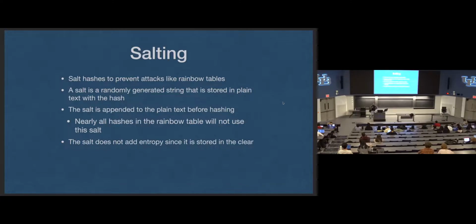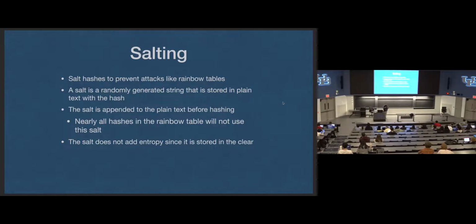Those rainbow tables were built on these chains where they have this function that's generating the next guess, the next guess, the next guess. Well, almost all of those next guesses will not end with that salt. It won't have the salt appended to it. So almost every one of those guesses is completely useless.